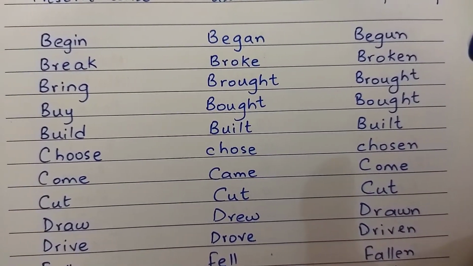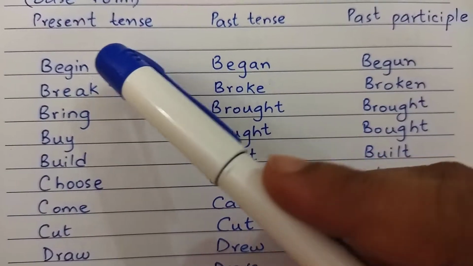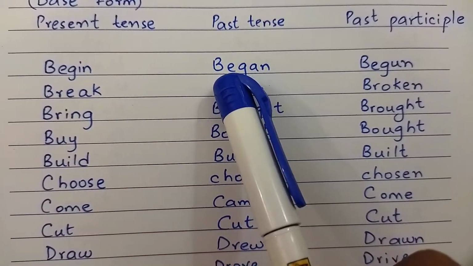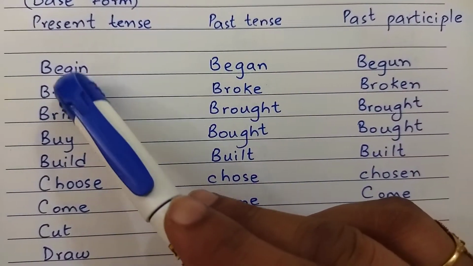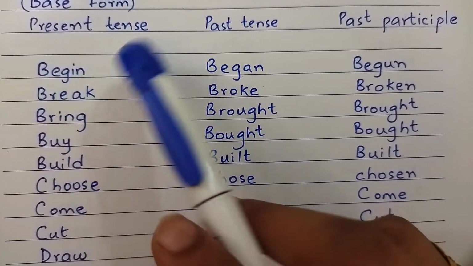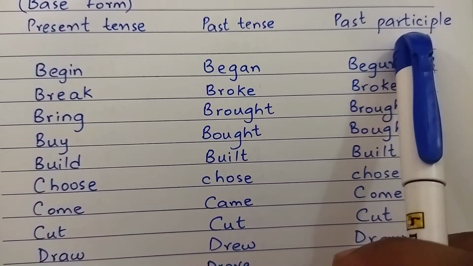But sometimes, when we are dealing with irregular verbs, they just change their vowels. For example, begin, began, begun. You see, we just changed the vowels: I changed into A in the past tense and into U in the past participle.